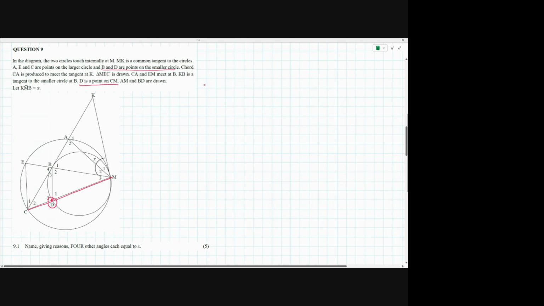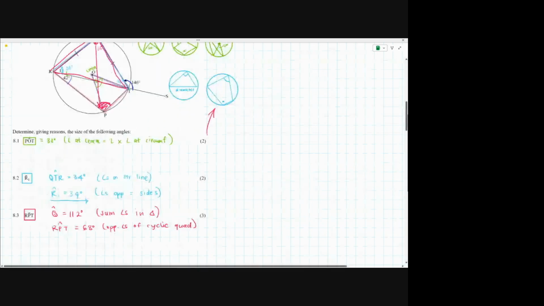We say things like chord CA is produced to meet the tangent at K so that you understand this is a continuation of the same line. So CBAK is all one straight line. It's not that those bits of information aren't important, but they just make it explicit what is happening in our diagram.